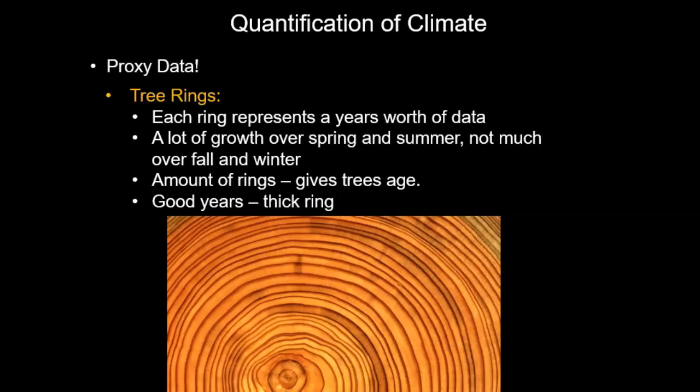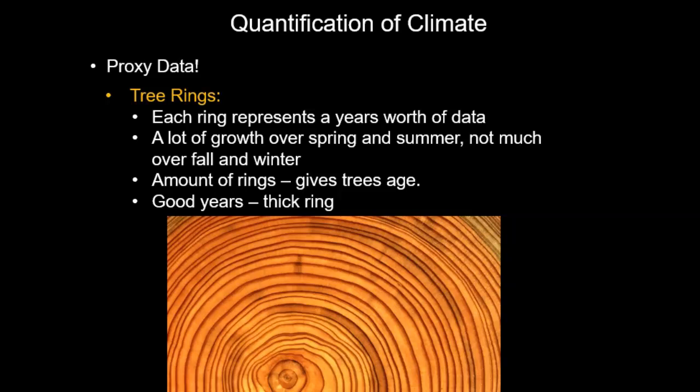All right. Trees, as some of you may know, when they grow, their trunks get larger. They get thicker, due to the addition of material to the trunk. The addition of material occurs through time, and it's typically seasonally controlled. So every time a year goes by, a new ring is added to the tree's trunk.